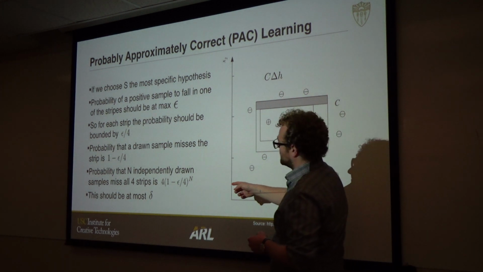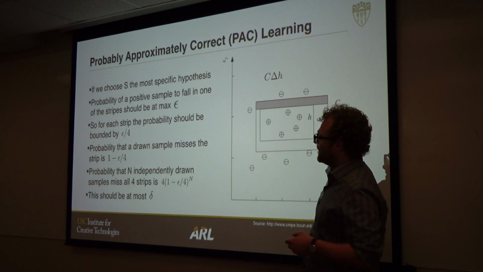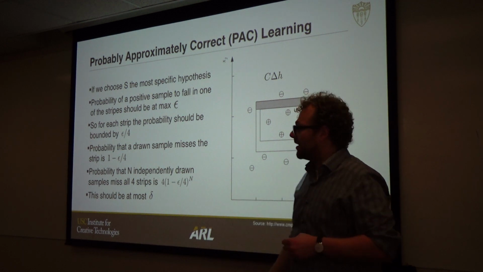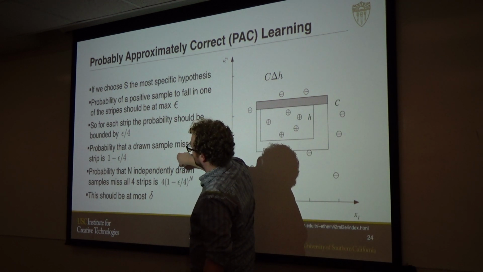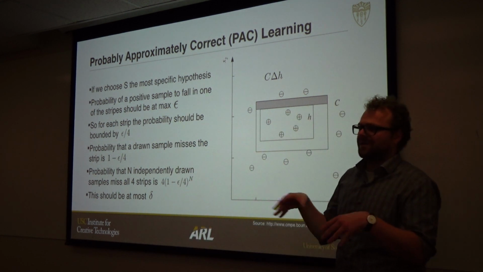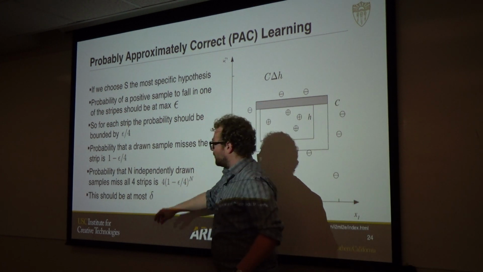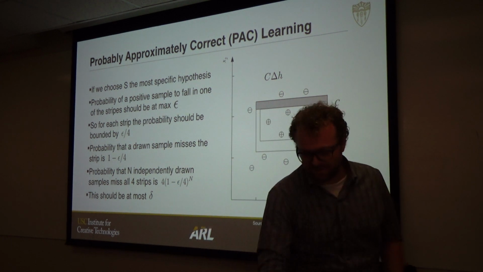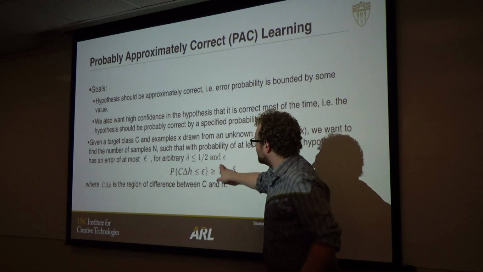If I have this probability that I miss it once, then I have this probability that I miss it n times, because the samples are independent of each other. And then I multiply by 4 because they need to miss all 4 strips, and this should be at most delta, so this goes in here, okay?